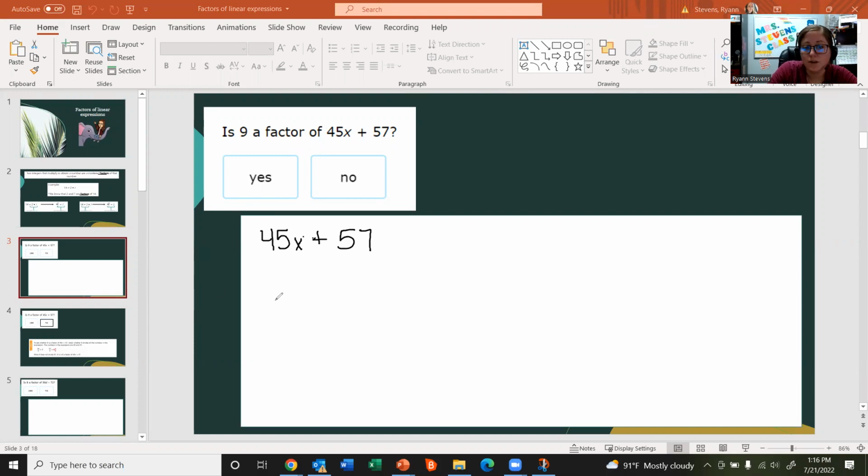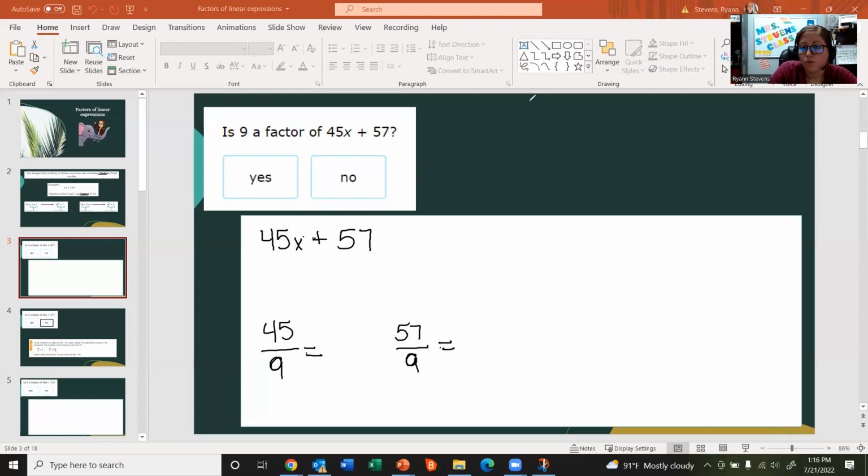So we would divide 45 by 9, and we would also divide 57 by 9. That's how we would check.